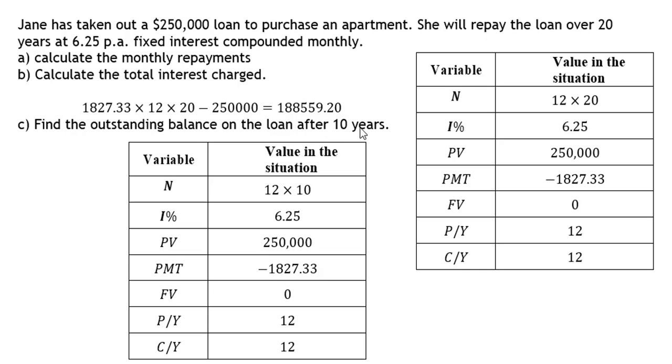This time, after 10 years, I will put 12 times 10. The interest will be 6.25. The present value is still $250,000. We are looking for this FV, future value.